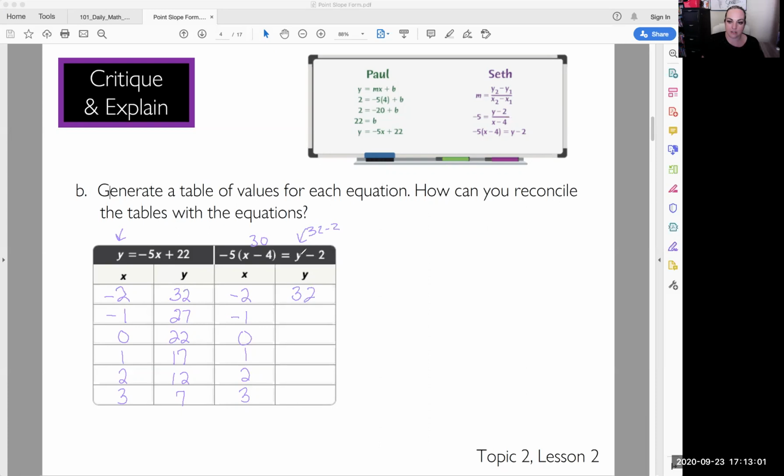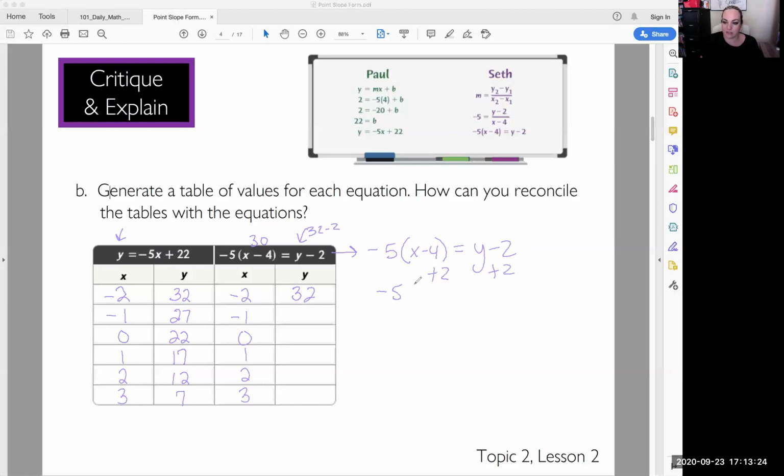And if you're a little uncomfortable working this way, you could rearrange this, just as a side note. Solve for Y. That's why we did so much work with literal equations, so that we could be fluent with solving for different parts. So all we have to do is add 2 to both sides.